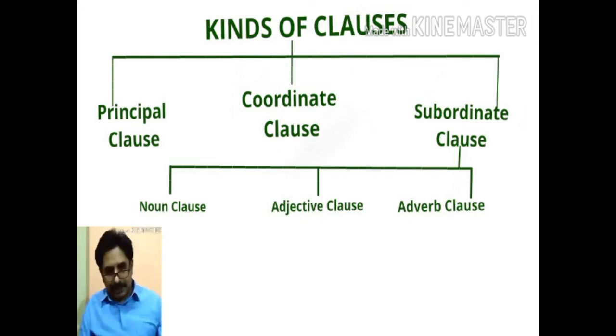Now the question arises, how many kinds are there of subordinate clauses? But before starting the kinds of subordinate clauses, I would like to put up here an example of each of the clauses explained to you.